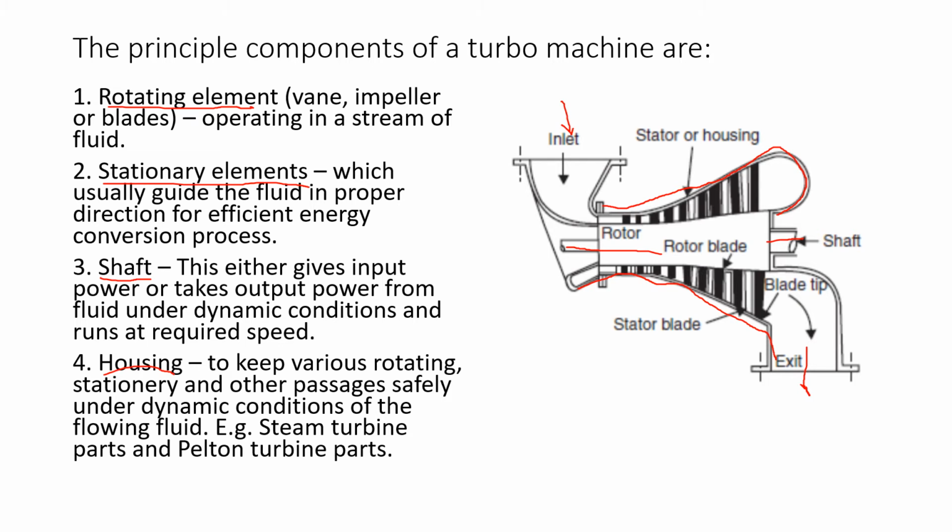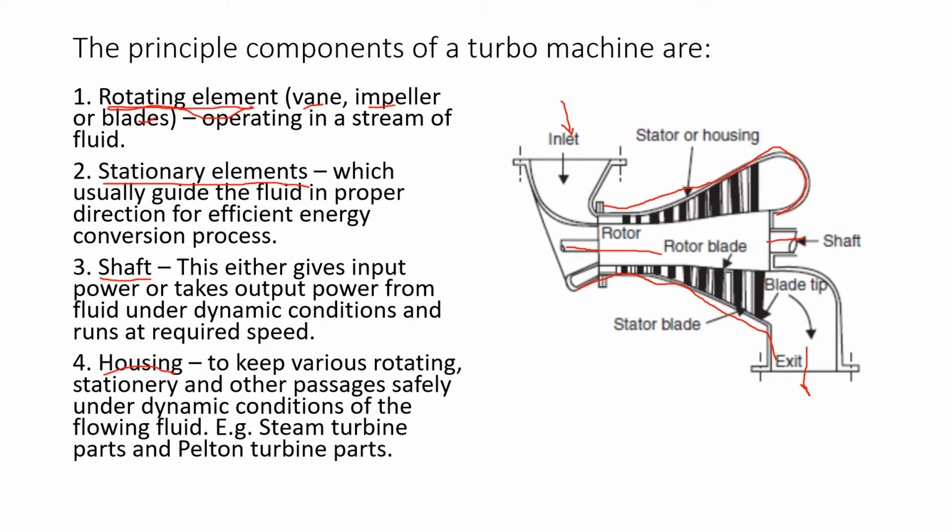In the rotating element, we have vane, impeller, blades. The stationary elements usually guide the fluid in the proper direction for an efficient energy conversion process. That is the function of stationary blades: they guide the fluid. Next is the shaft.